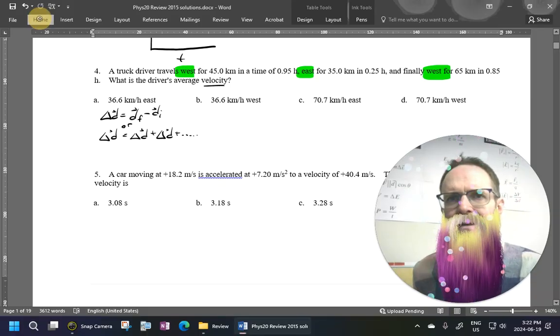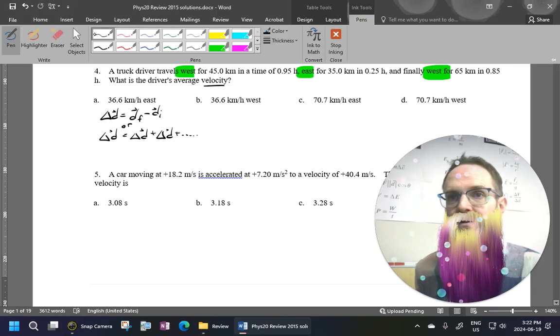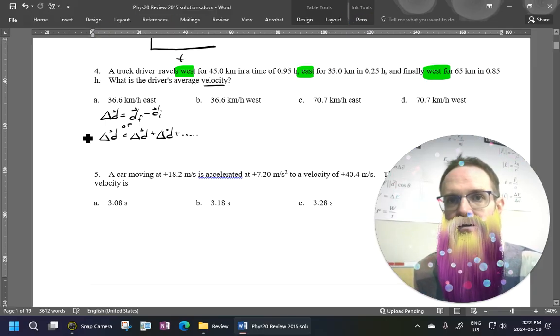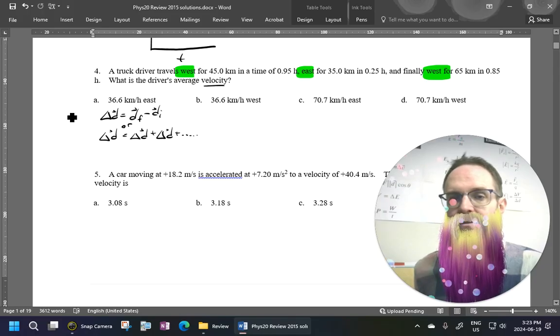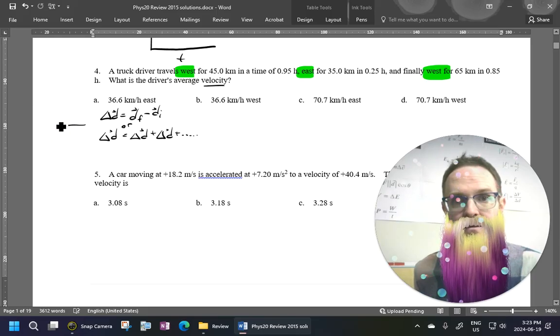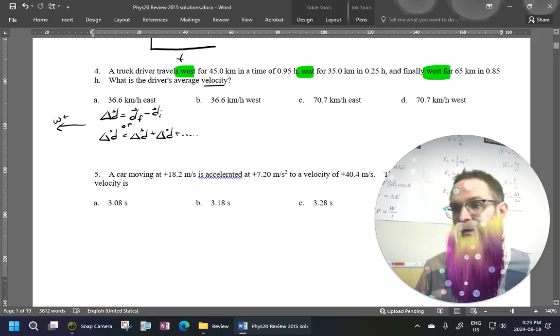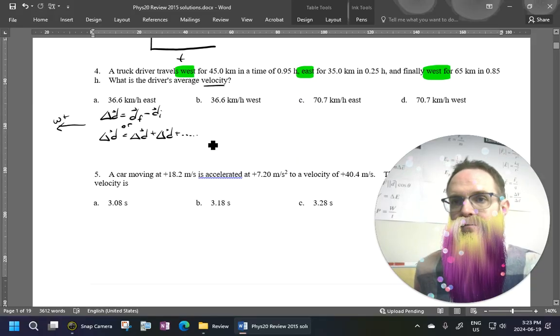When I'm adding displacements together, same thing with position, we have to worry about our sign convention. So let's just say, for the sake of this question, that west is positive. That doesn't really matter. You can say east is positive. All right. So if I do it this way, I'm going to just add all the displacements together.